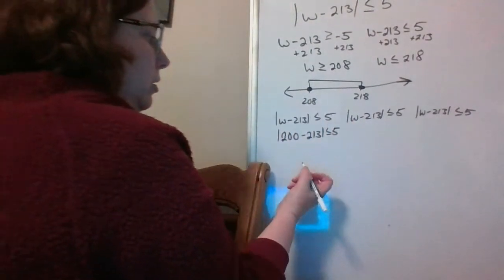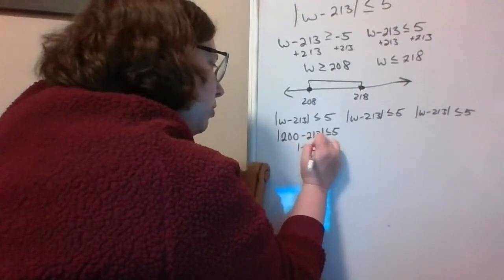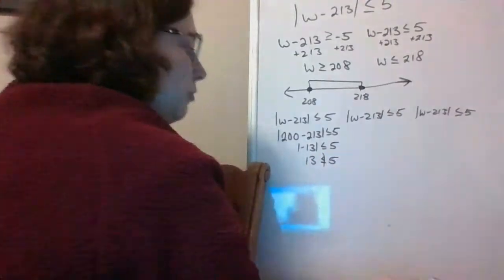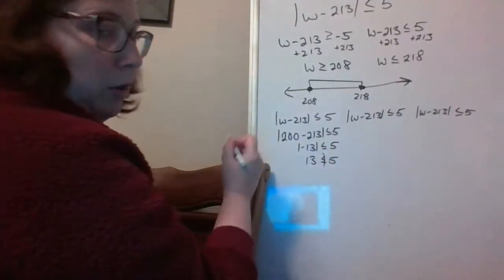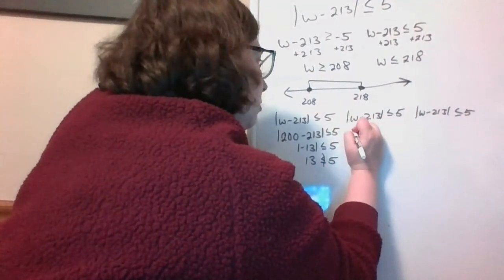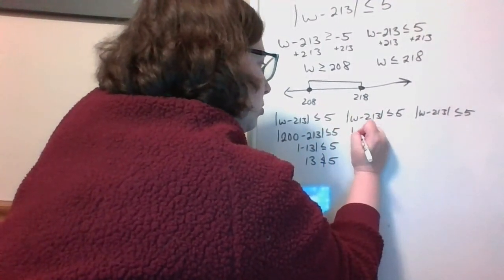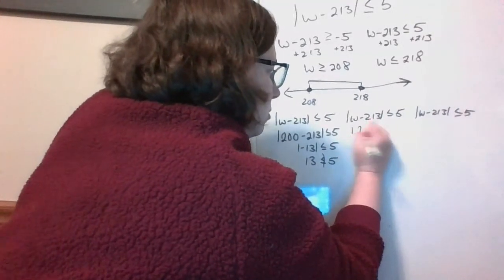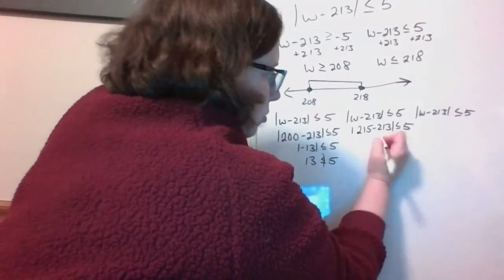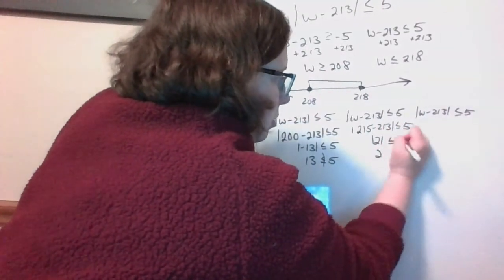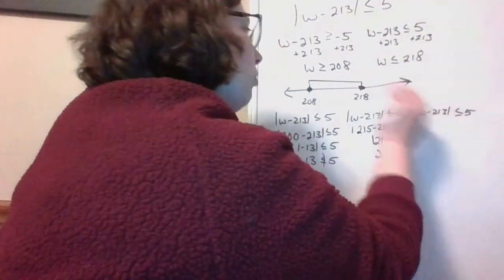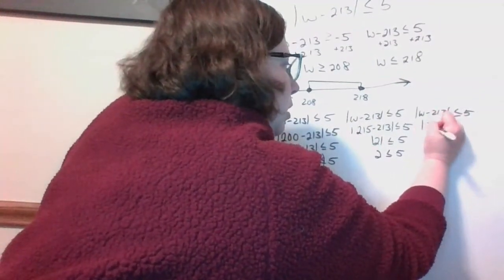So when we subtract here, we would get the absolute value of negative 13, which is 13. 13 is not less than 5, which is good that it did not work because it's off of our solution. Here I'm going to use 215. Which should be 2. 2 is less than or equal to 5, so that's a good check. Over here, I'm going to use 220.